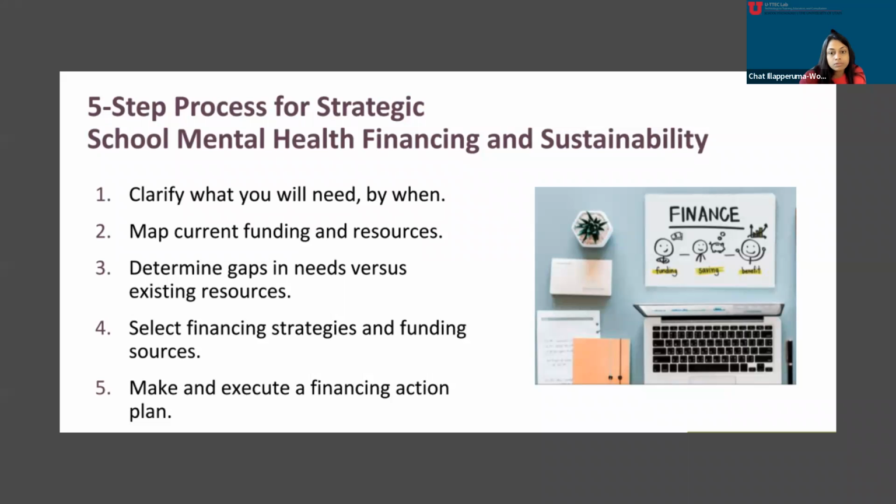What they did was they really helped districts develop a strategic financing and sustainability plan. That process is summarized here. It's a 5-step process and can really help districts understand and also plan for sustainability of their school mental health. Now, the process is intended to be circular, and it's supposed to be a continuous process.